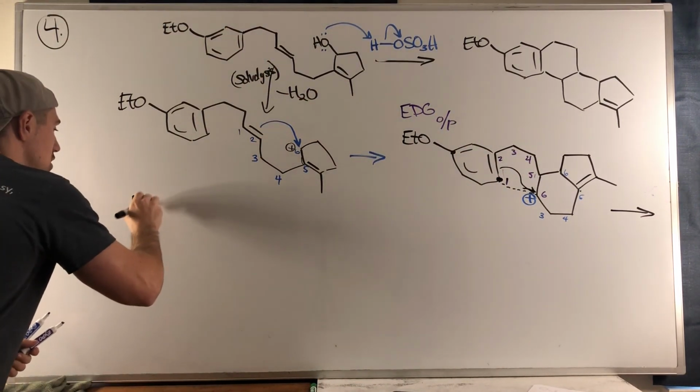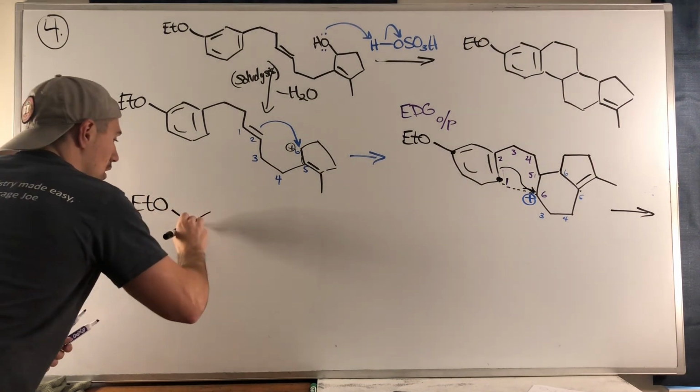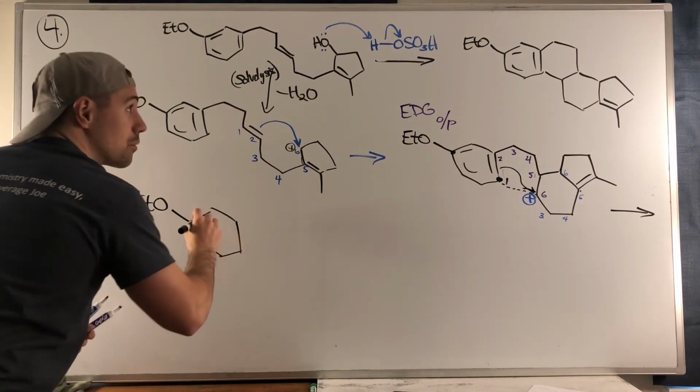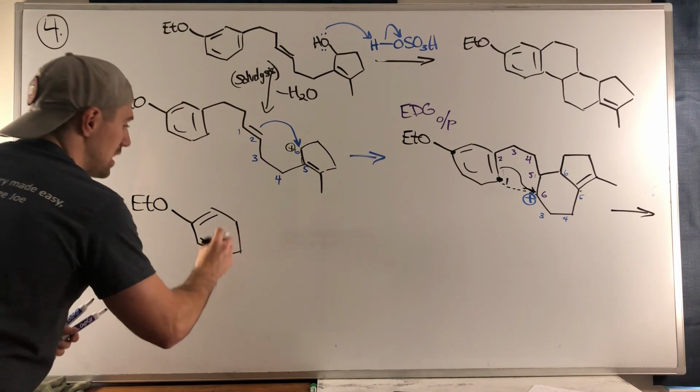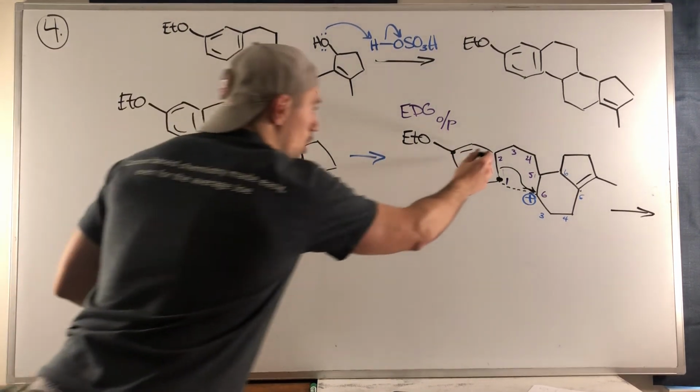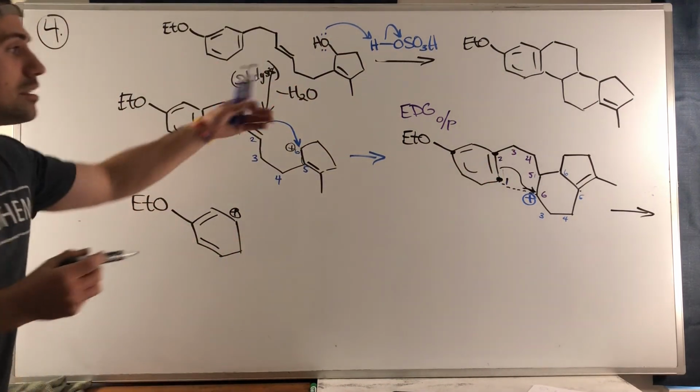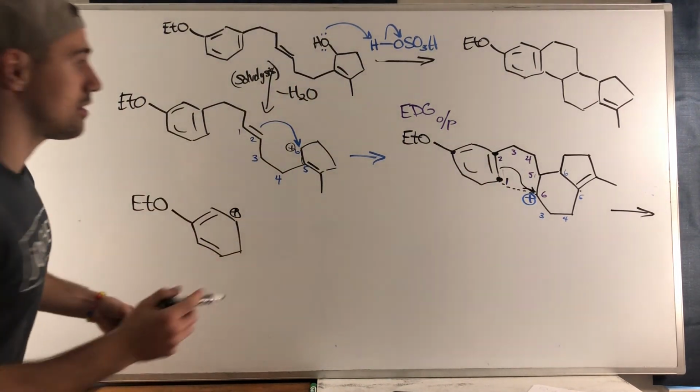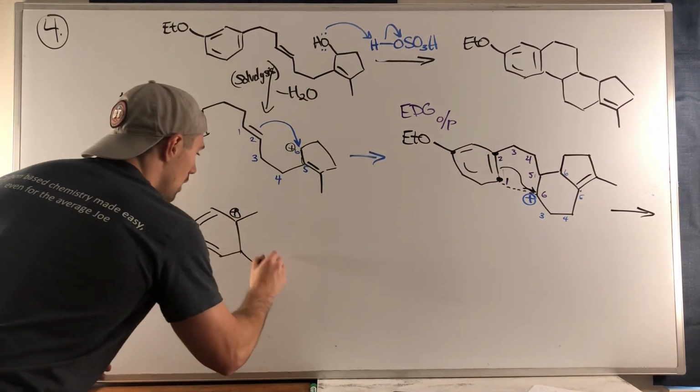We're just going to have to regain the aromaticity in our benzene ring. Remember, I didn't touch this bond, I didn't touch this bond. It's this bond that's now gone. I have a positive charge up top because it's carbon number 2 that was not taking the electrons and bonding with them. So I'll go ahead and draw this right here.